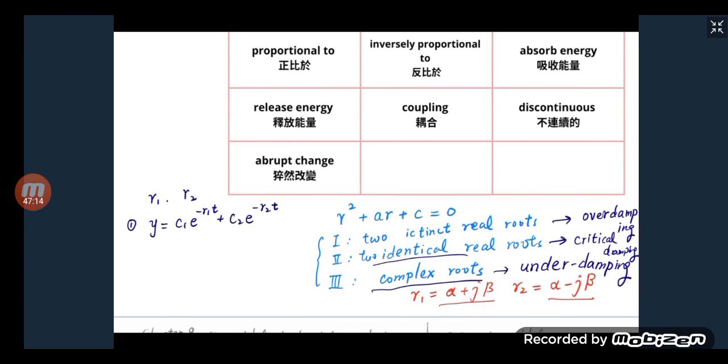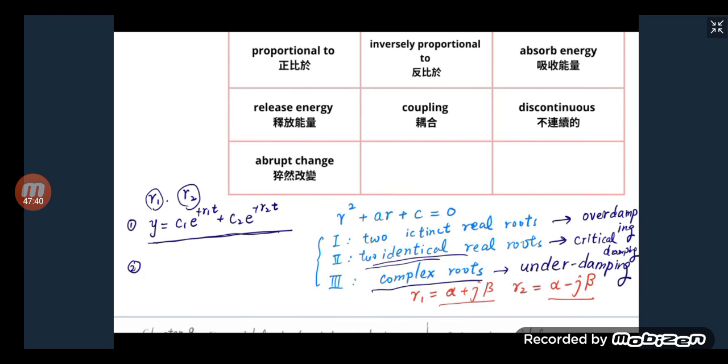Any questions? In fact, we use plus because in most cases gamma 1 and gamma 2 are negative. So type 1 is overdamping, and maybe it's the simplest case.